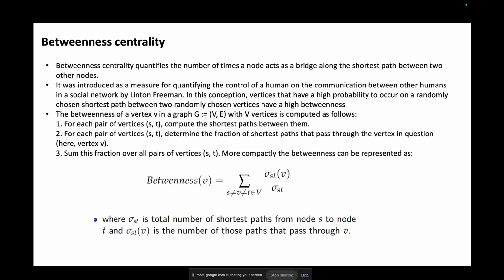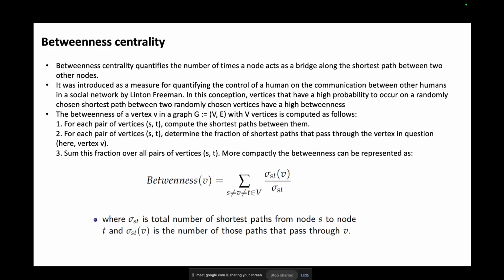And more compactly, the betweenness can be represented by delta st and delta stv. Let's talk about delta st first. Delta st is the total number of shortest paths from node s to t, which can be 12, 15, whatever number. And delta stv is the total number of shortest paths between s and t that pass through that particular node v that you are interested in.